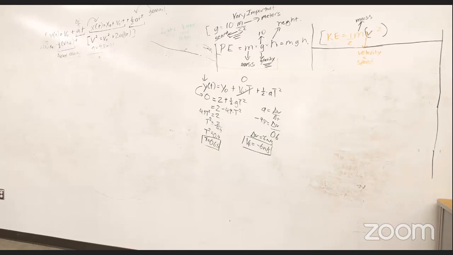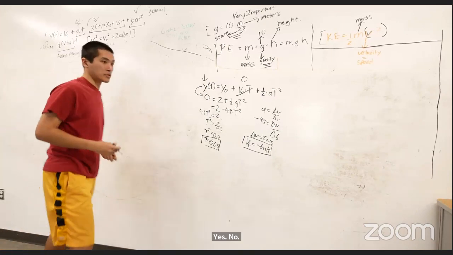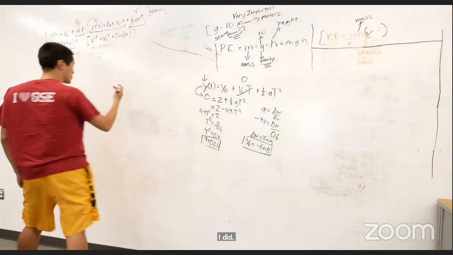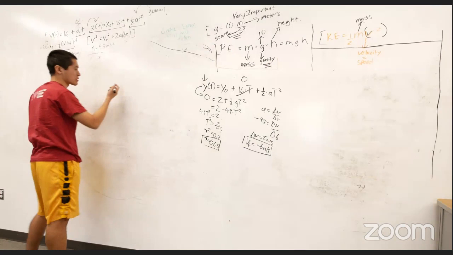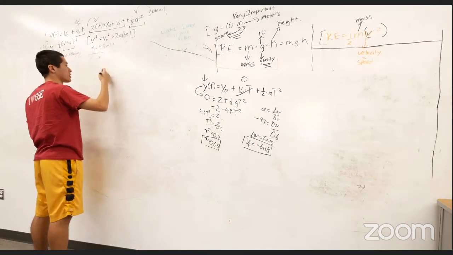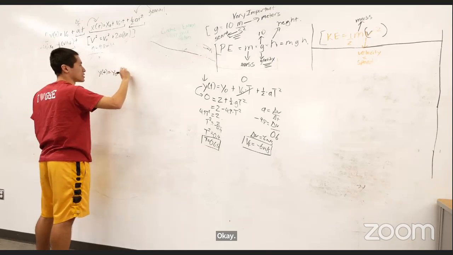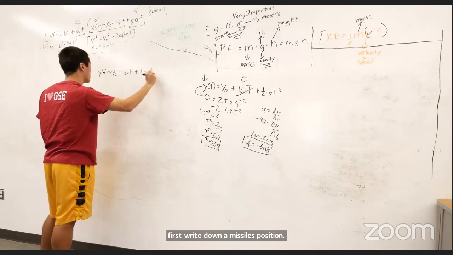So what we're going to do is first write down a function for the missile's position. The missile's function is y of t equals y naught plus v naught times t plus 1/2 a t squared.